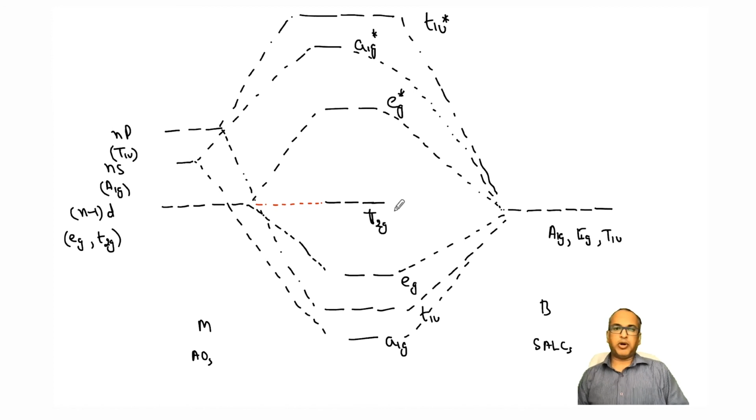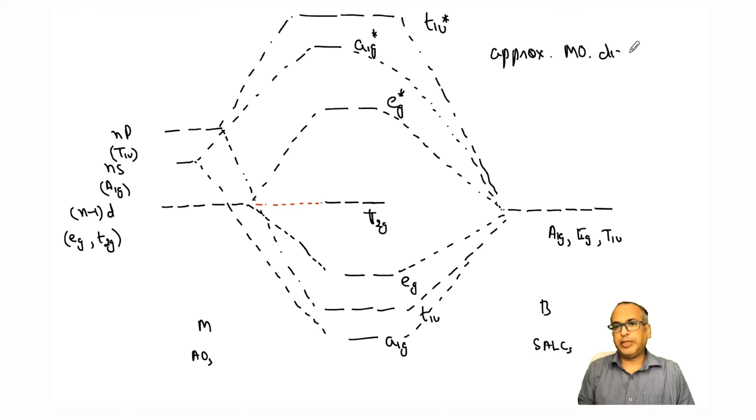So this is an approximate MO diagram for an octahedral symmetry molecule, let's say MB6.